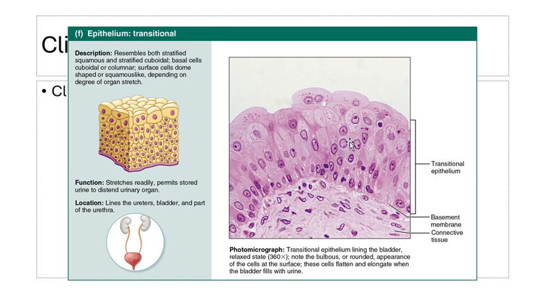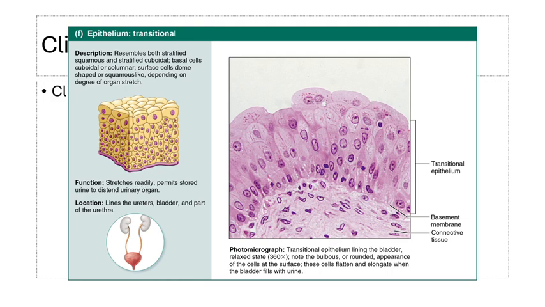And after that, we can see bigger cells. These cells are called racket cells because they look like a ping pong racket or tennis racket. And at the top of them, at the surface, there are huge cells like umbrella cells or dome cells. So three types of cells compose our transitional epithelium: basal cell, racket cell, and dome cell or umbrella cell.